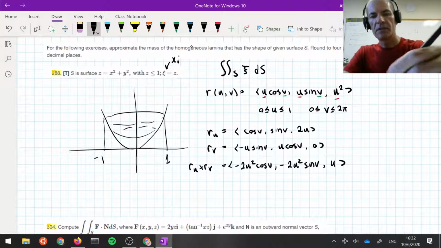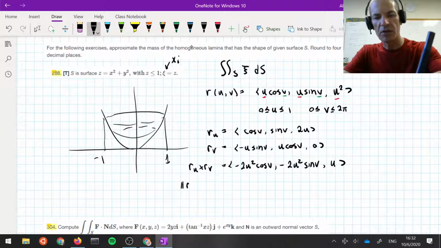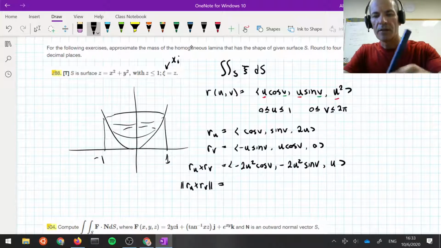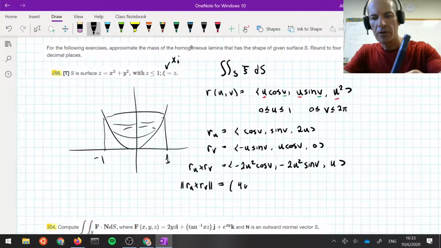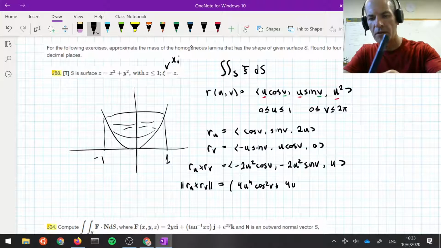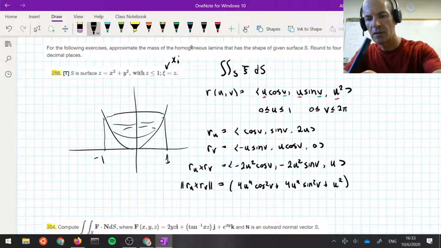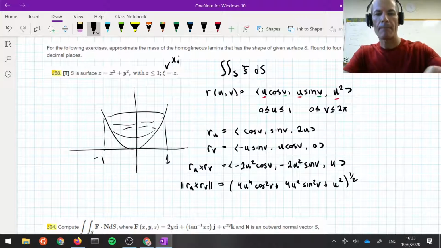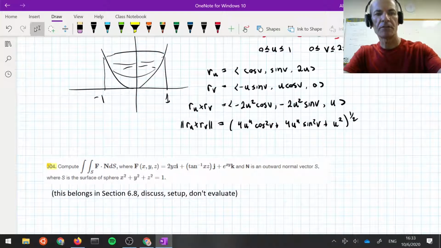All right, we do need, in this case, the magnitude of r_u cross r_v. That's going to give us the square root of 4u to the 4th cosine squared v plus 4u to the 4th sine squared v plus u squared.